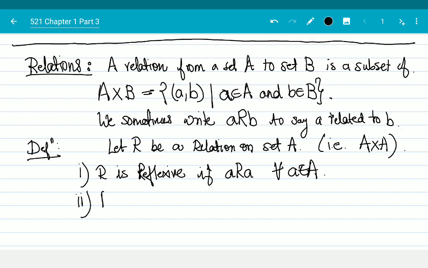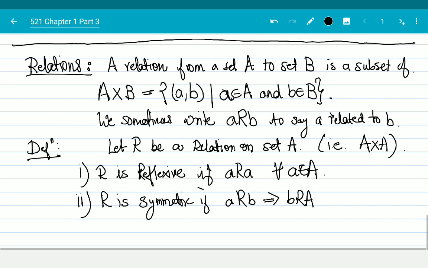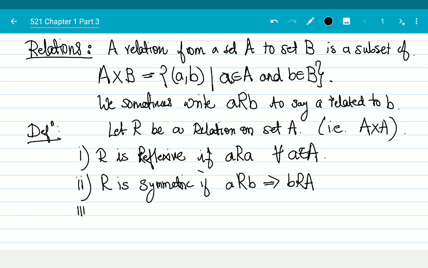Second, R is symmetric. Symmetric if A R B implies B R A. Okay. Third, R is anti-symmetric.